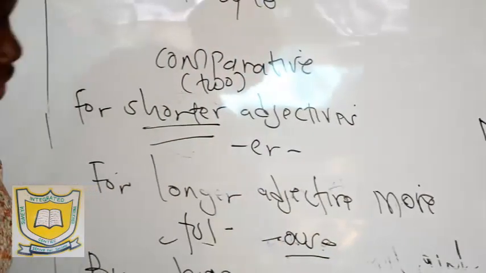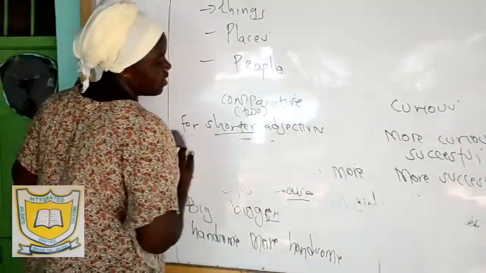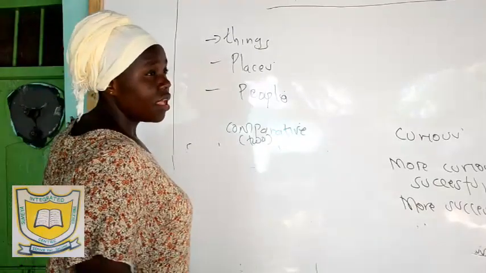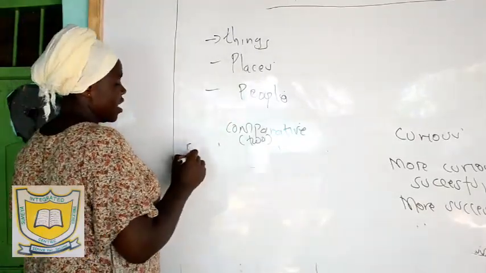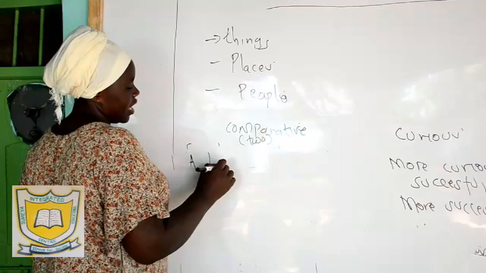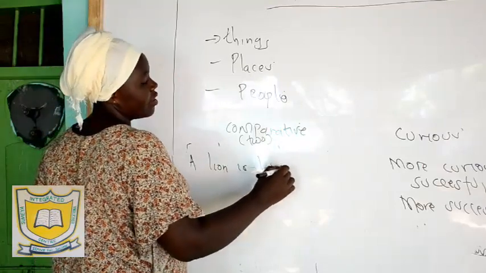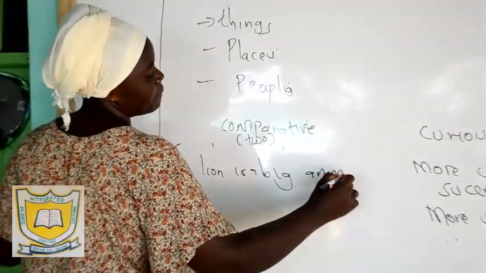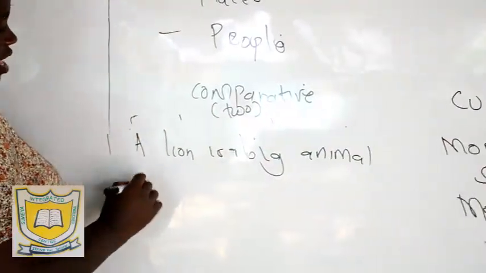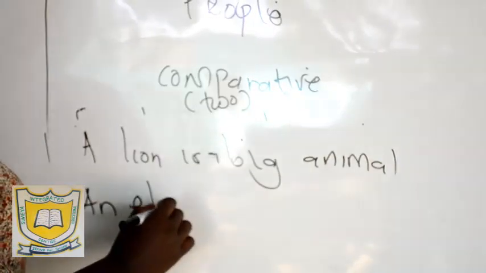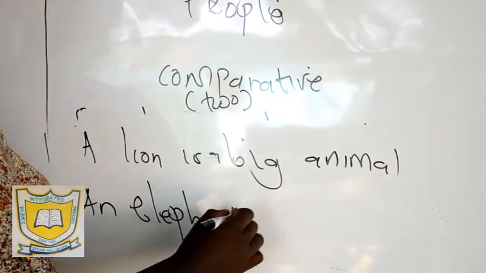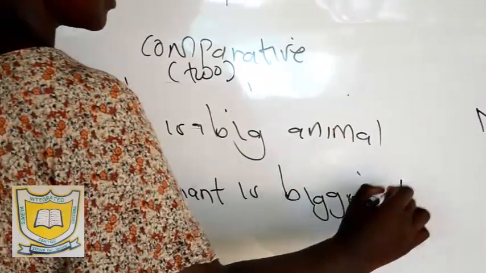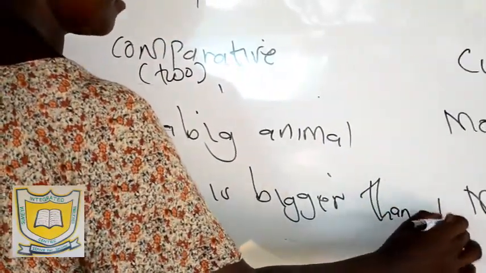Now, how am I going to use this in a sentence? For example, in the positive degree, I'm going to say, a lion is big. A lion is a big animal. But I'm going to say an elephant is bigger than a lion.